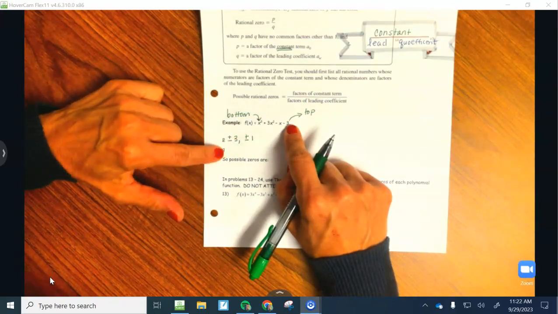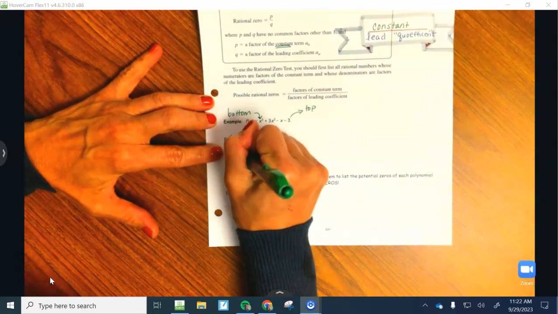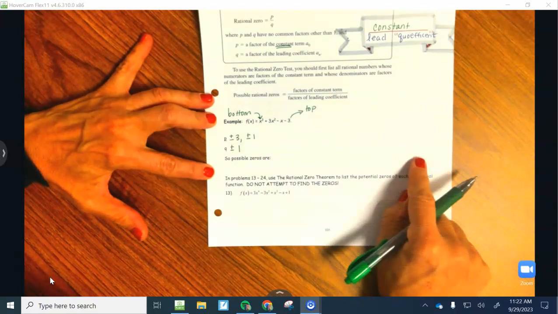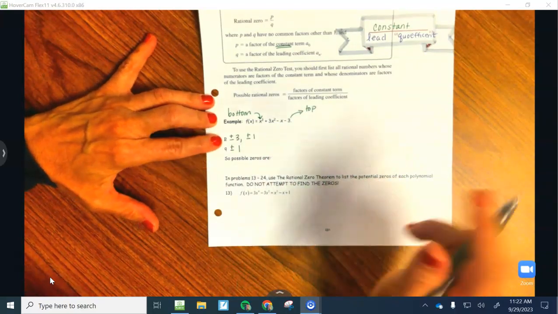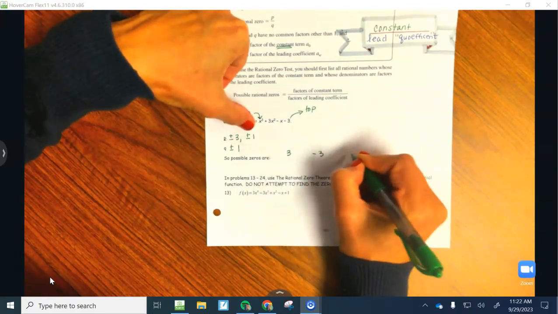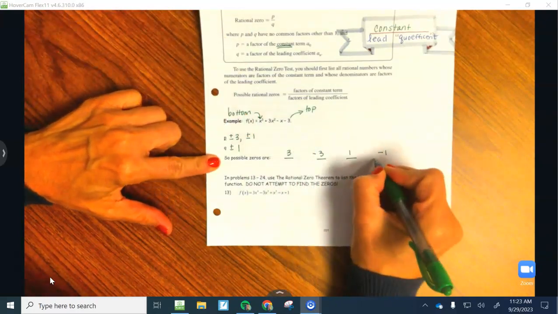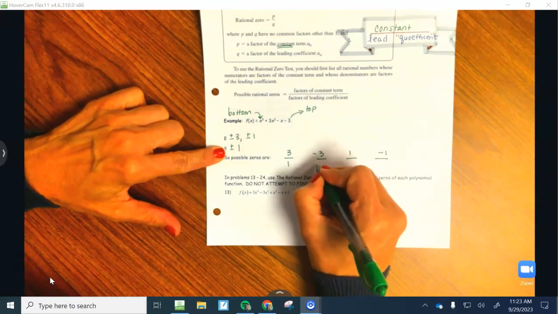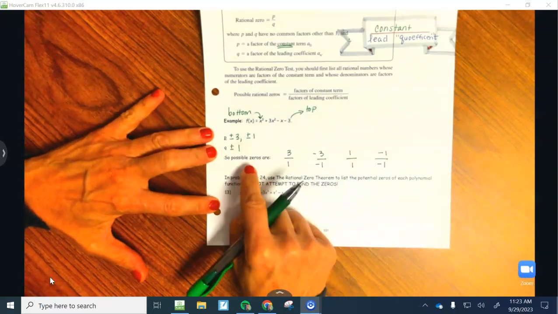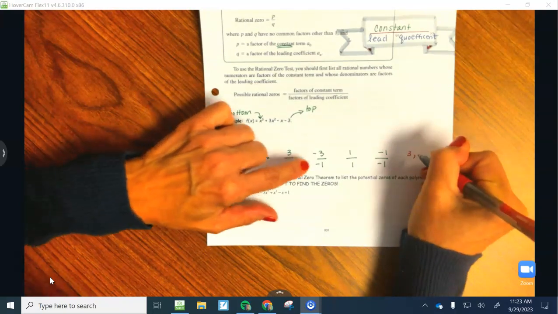Now let's talk about Q, the front term. What are all the factors that could make 1? Y'all, it's just plus and minus 1. So the possible zeros, I'm going to list all this out and then I'm going to show you a shortcut. It is going to be positive 3, negative 3, positive 1, negative 1, divided by positive 1, negative 1. So the possible real zeros are going to be 3.